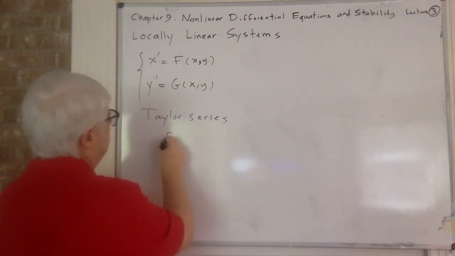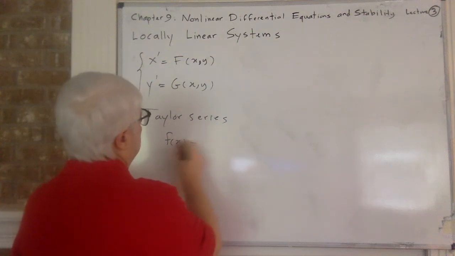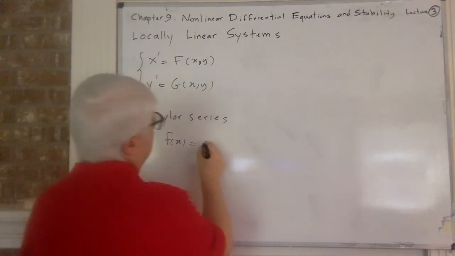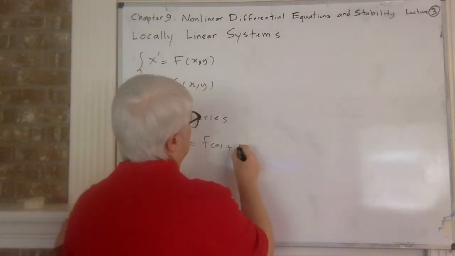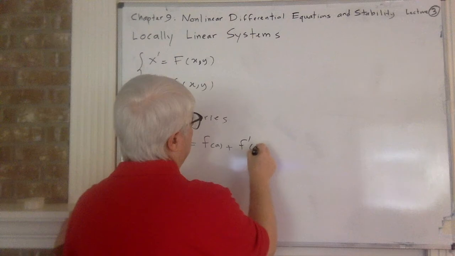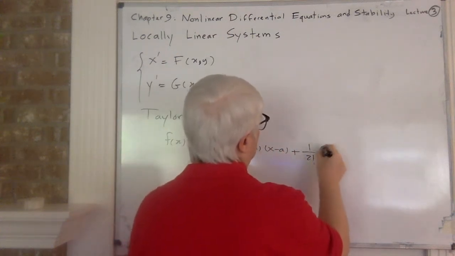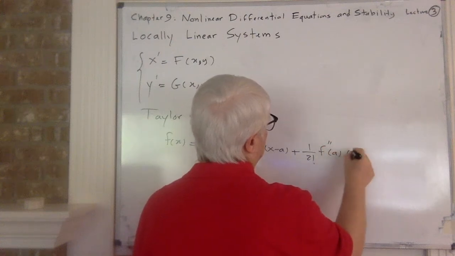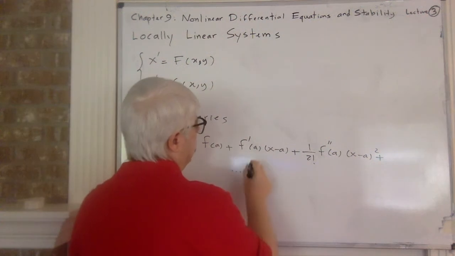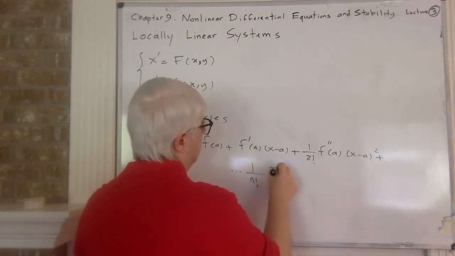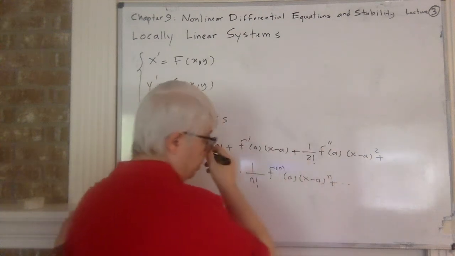Remember, the Taylor series for a nice function which has infinitely many derivatives about a point a is f(a) plus f prime(a) times (x minus a), plus 1 over 2 factorial f double prime(a) times (x minus a) squared, plus, and this goes on, 1 over n factorial f^(n)(a) times (x minus a) to the power n, and so on.